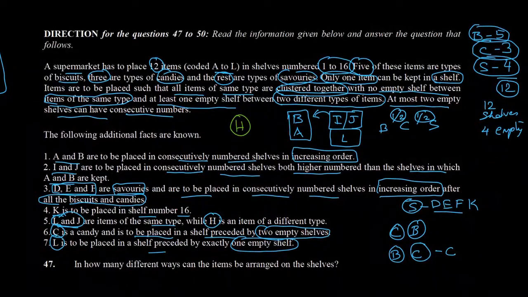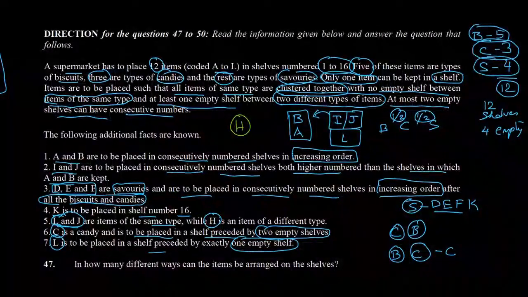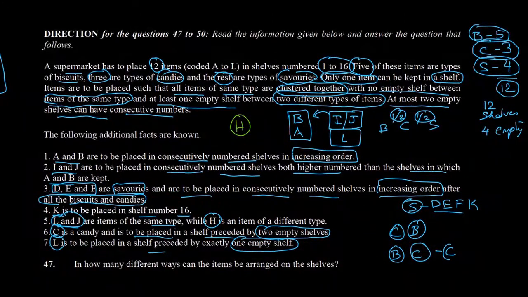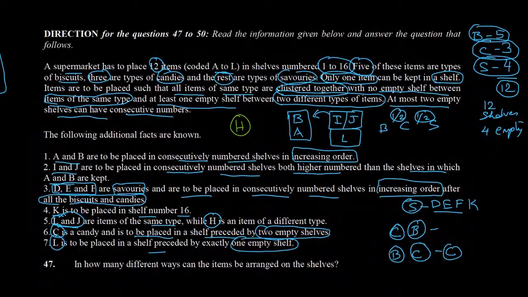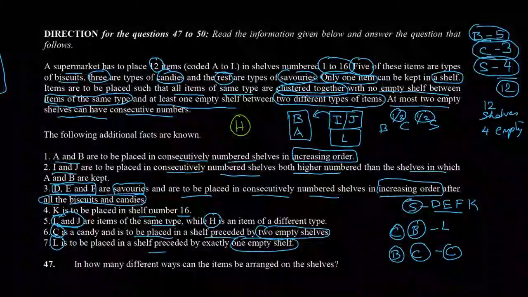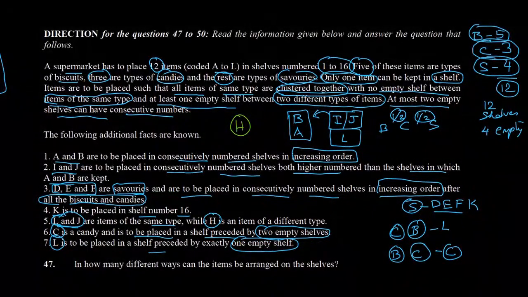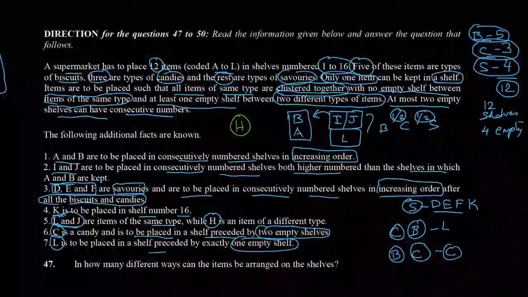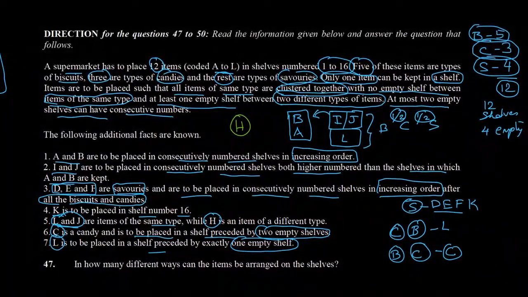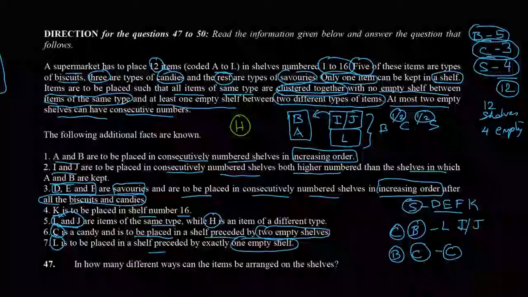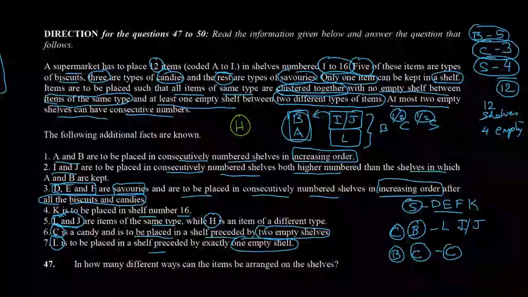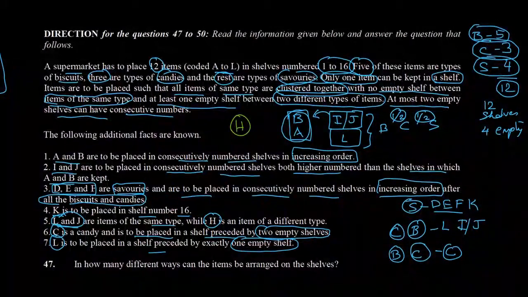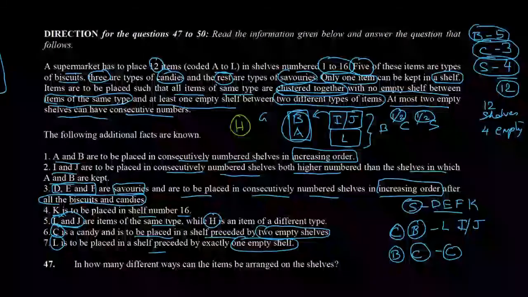So therefore, L has to be a biscuit because the candies will start with C and the biscuits will start from L. So L has to be a biscuit, and because L is a biscuit, I and J will also be biscuits. Now we are left with A, B and G and H.